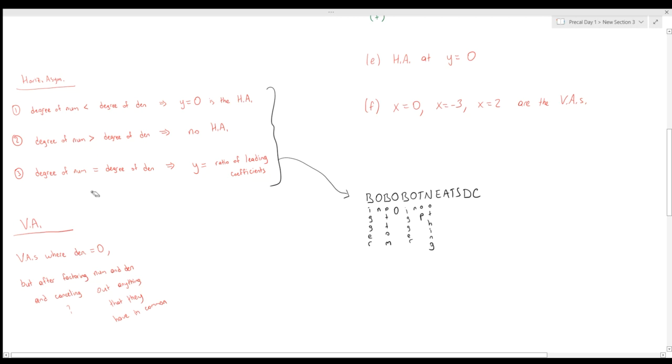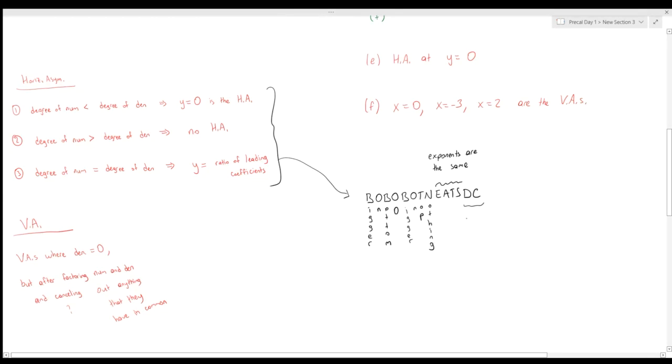EATS refers to exponents are the same. So in other words, they're referring to if the degree of the numerator is equal to the degree of the denominator, if those exponents were the same.